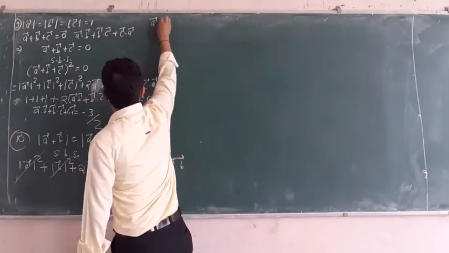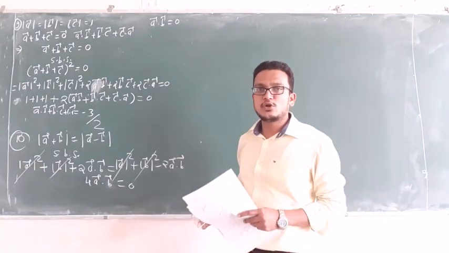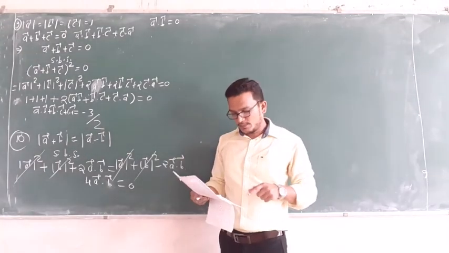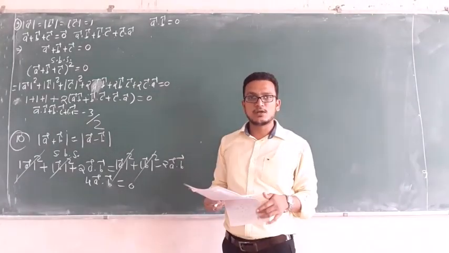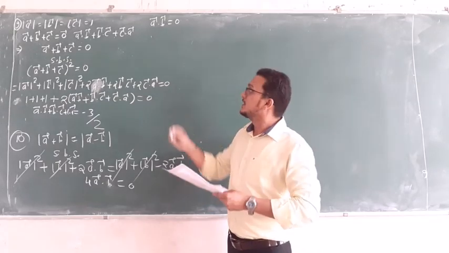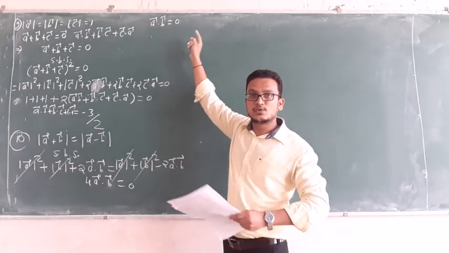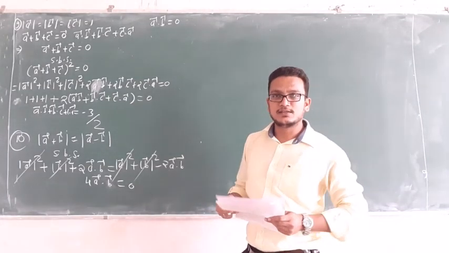Therefore A dot B is equal to 0. When A dot B is 0, the vectors are perpendicular. But the perpendicular option is not there, they have given orthogonal. Orthogonal is the same as perpendicular. So vectors A and B are orthogonal, because the dot product equals 0. Option A will be correct in this.